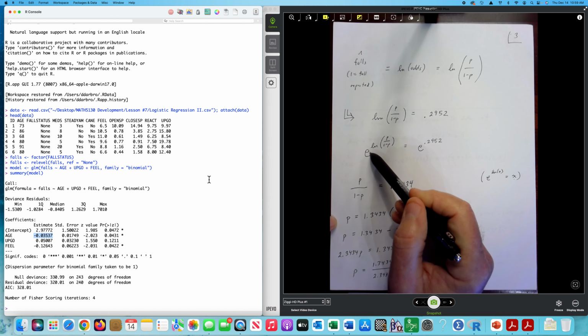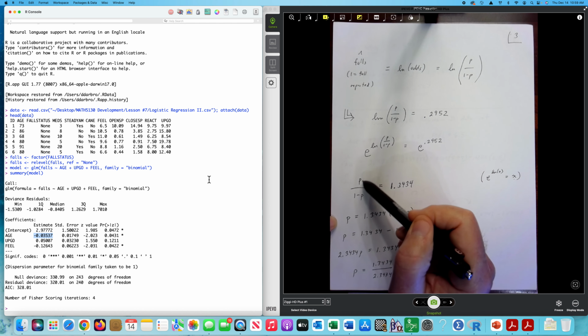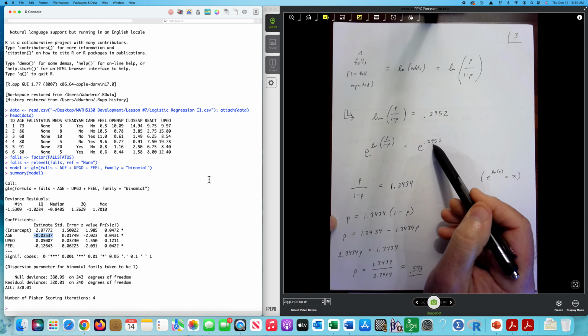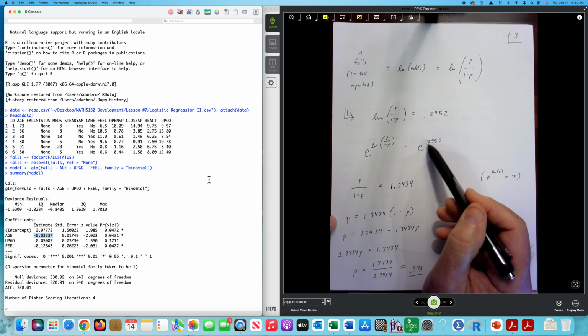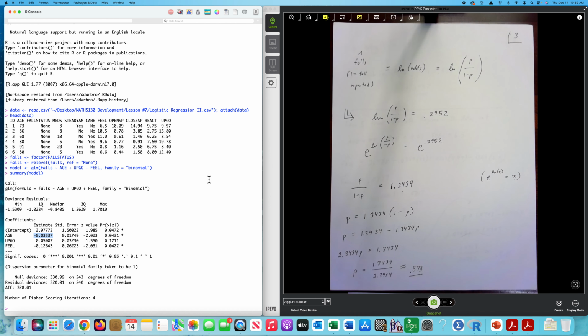So if I take e to the natural log of p over 1 minus p, it's just p over 1 minus p. And if I plug this in my calculator, e raised to the power 0.2952 turns out to be just 1.3434. Now, let me demonstrate to you in my calculator.